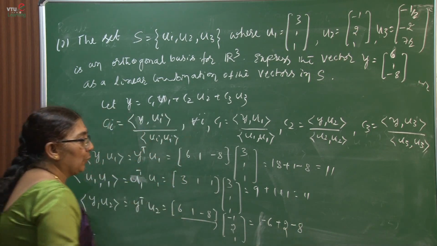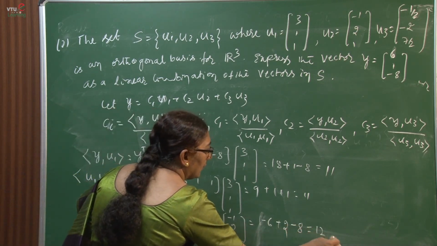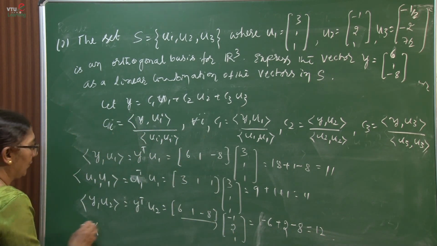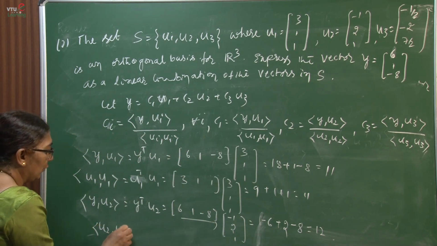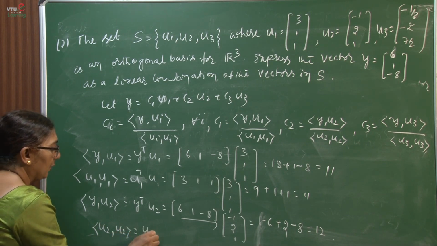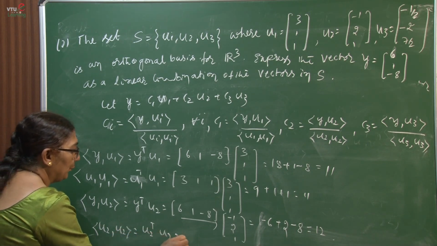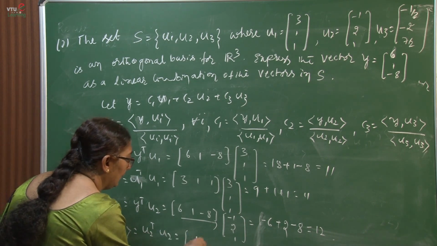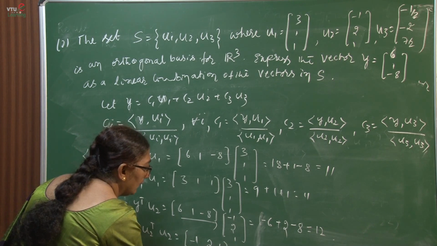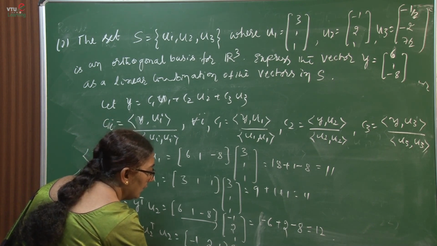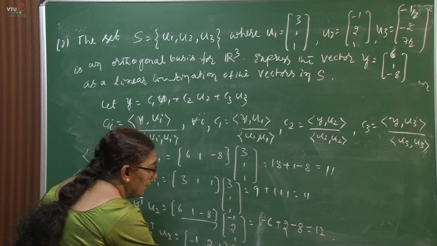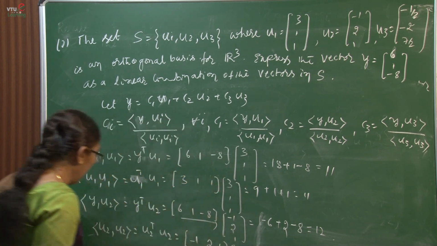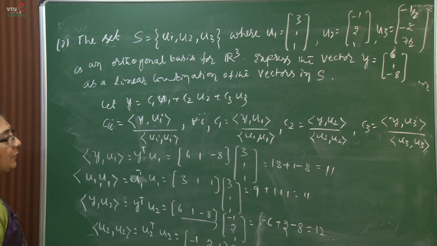Minus 14 plus 2 is minus 12. Then the inner product of U2 comma U2 is U2 transpose times U2: (minus 1, 2, 1) times (minus 1, 2, 1). 1 plus 4 plus 1, we get 6.